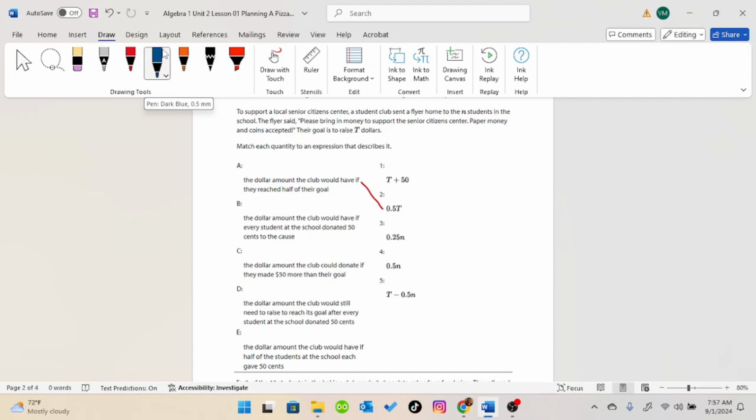So that is incorrect. Number 4 says they're going to take 0.5, which is equal to 50 cents, and they're going to multiply by the number of students. That is the correct expression for B. So B matches number 4.